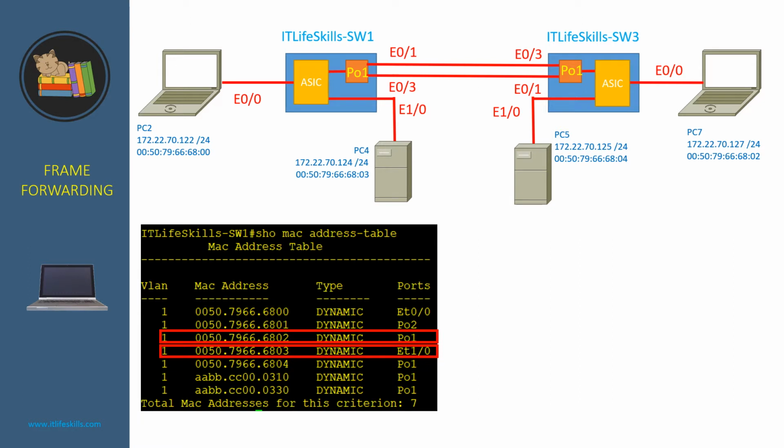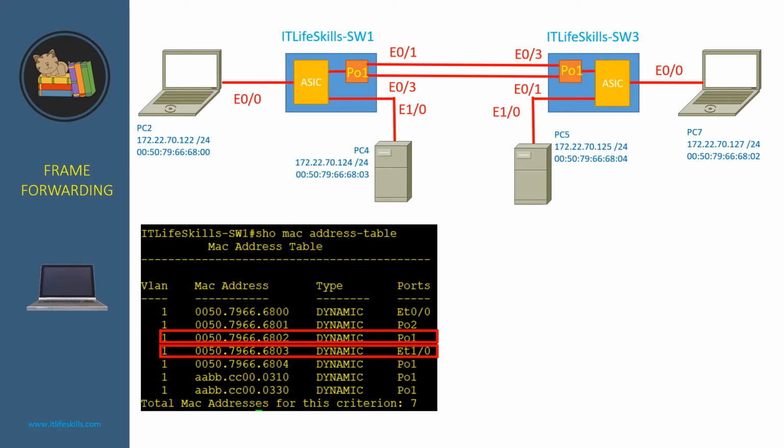We know that the port channel is a logical port. In this case, the port channel Po1 contains two physical ports, E0/1 and E0/3, and the frames must be forwarded via a physical port.